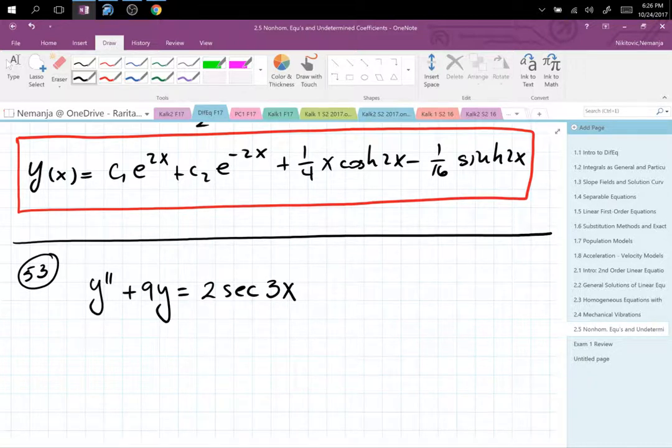Forget your C1 and C2. There's no e in this one, just C1 cosine, because e was from ax. Why did you say a is 0? A is 0. So e is e to the 0x.